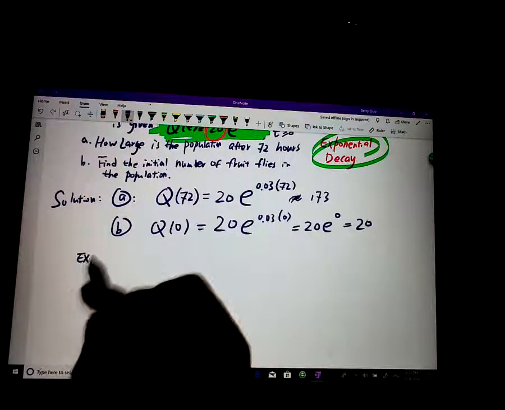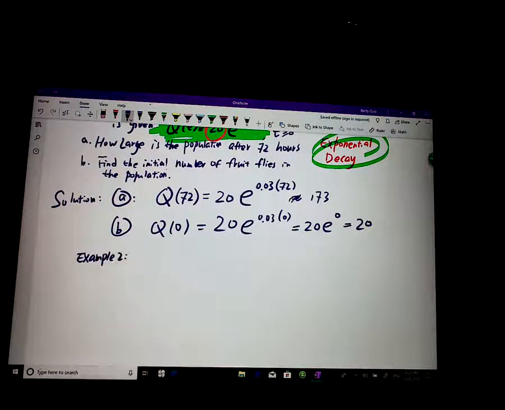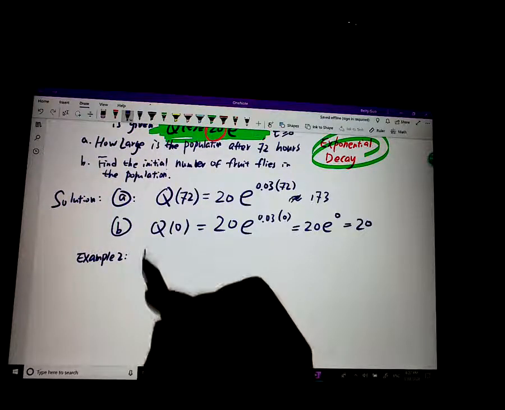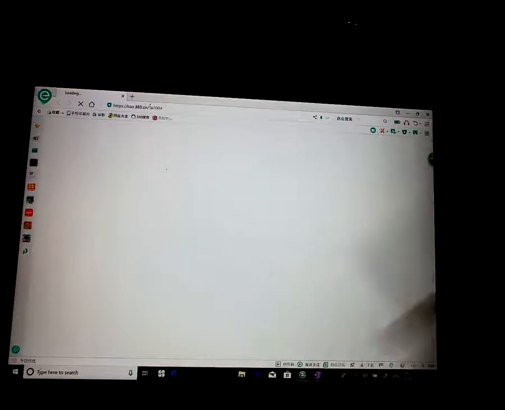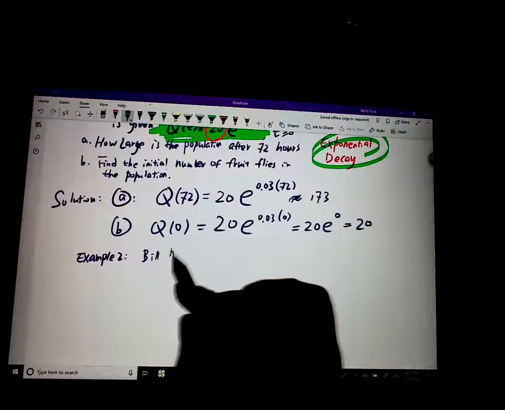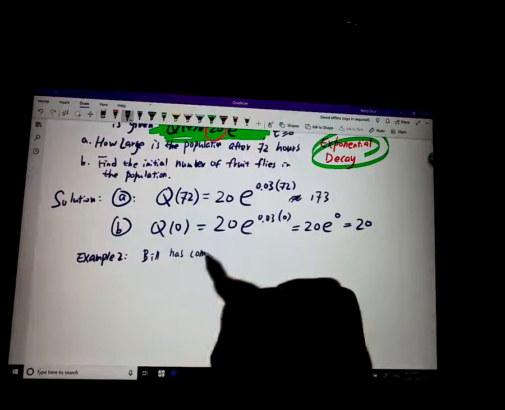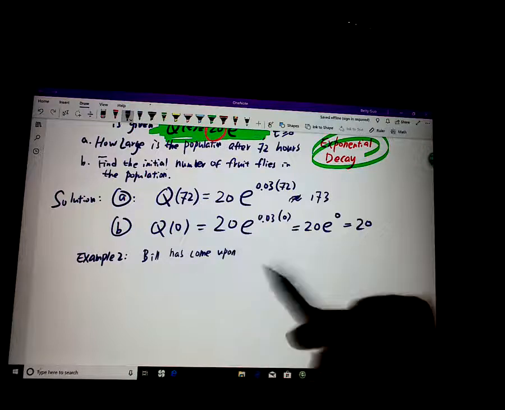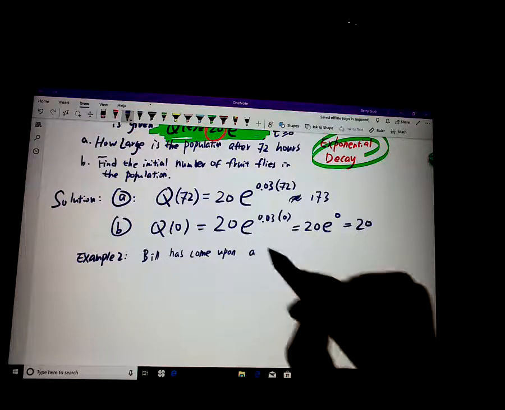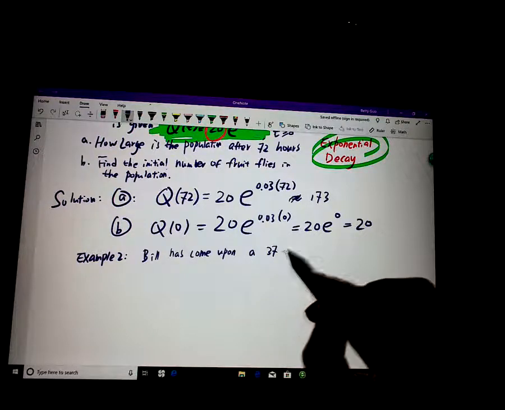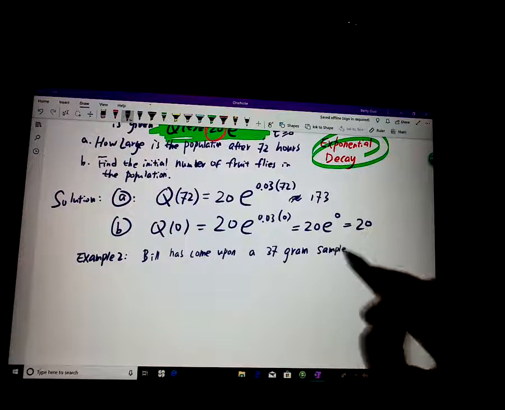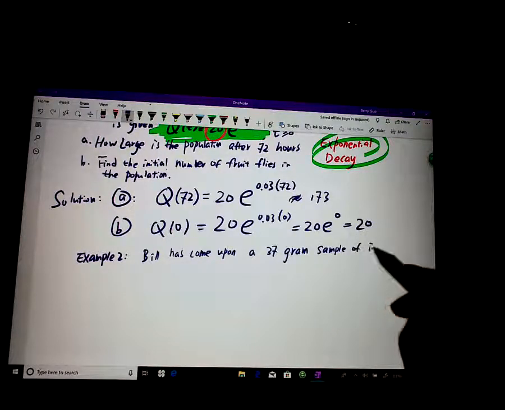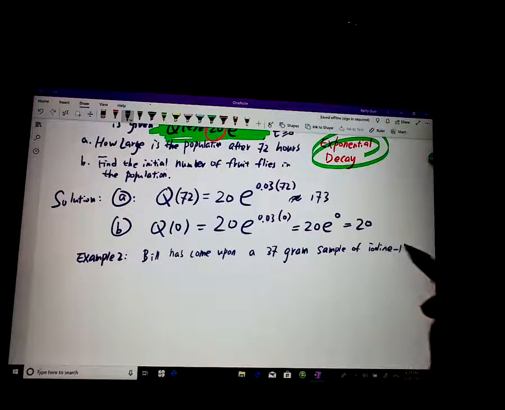Example 2. This is an exponential decay problem. Bill has come upon a 37-gram sample of iodine 131.